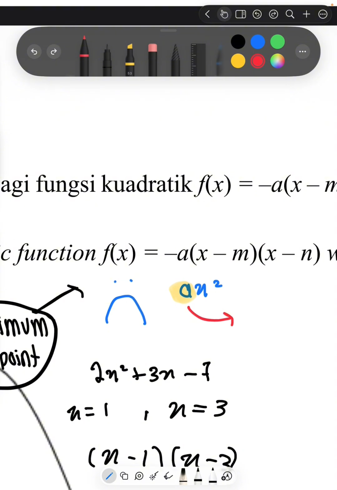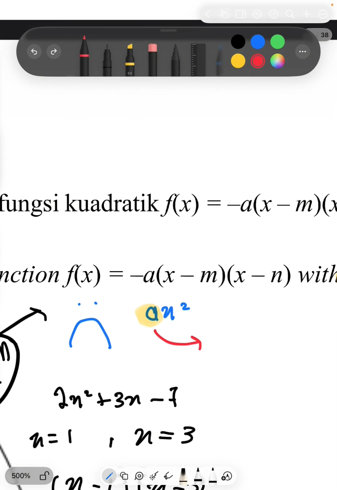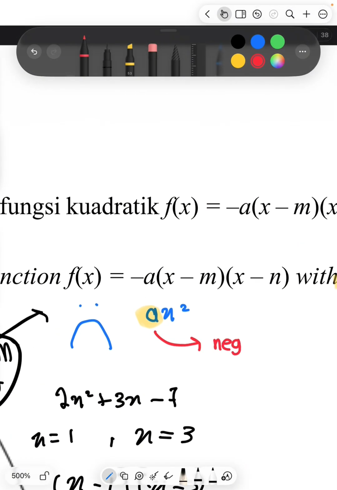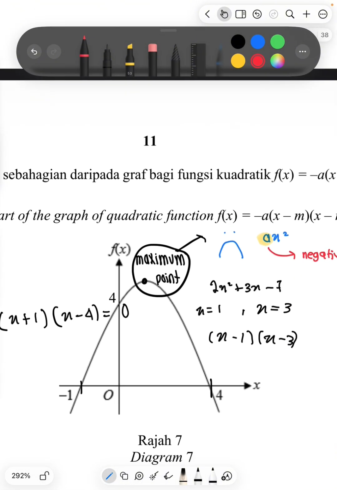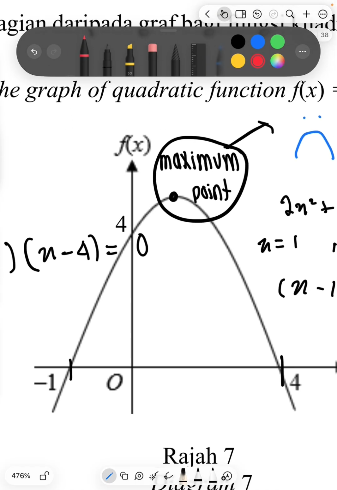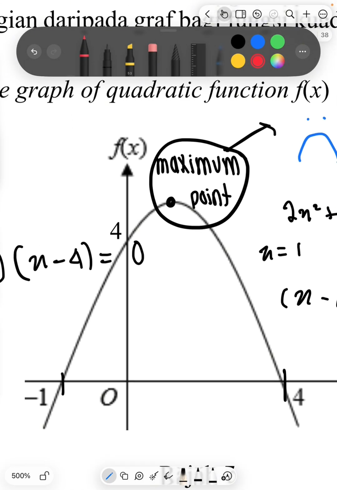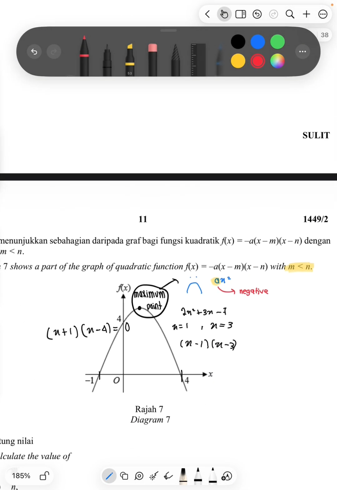I don't know lah, but it has to be like a negative number. Okay, it has to be a negative number. Correct me if I'm wrong. I don't really remember.